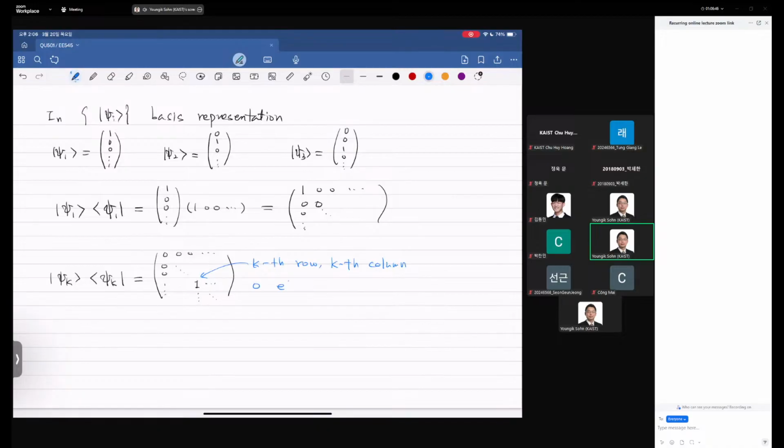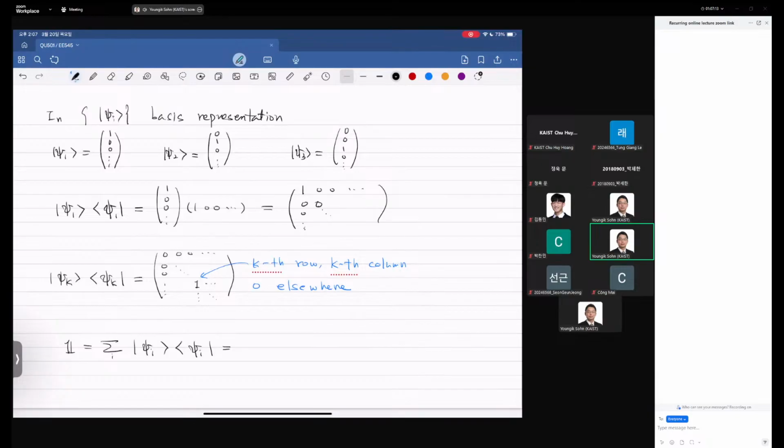And 0 elsewhere. This is a matrix of that ket bra, okay? And then, finally, let's move back to our original target of the identity matrix, right?